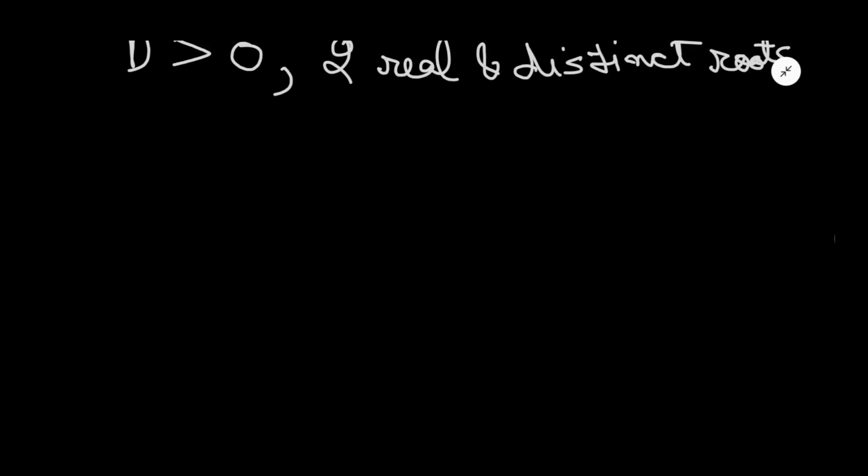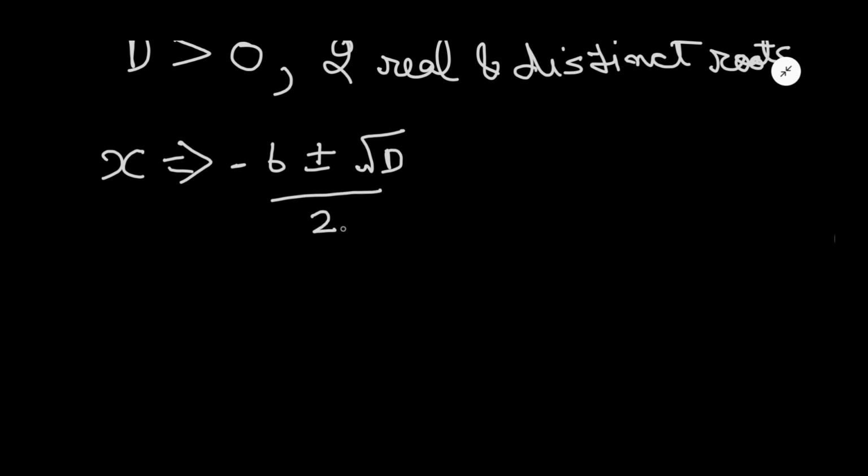Now let's find out the roots of the quadratic equation. As we know, the general formula to find the roots of the quadratic equation is minus b plus minus under root D upon 2a.